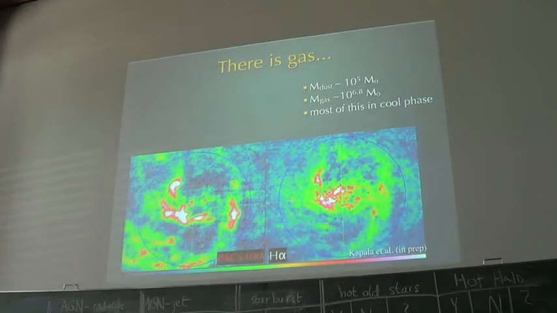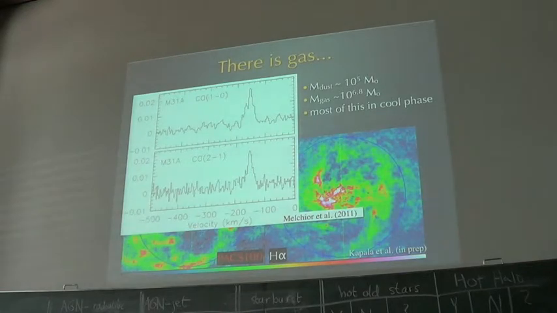Now this puts it at the lower limits of what Tim Davis is finding in ellipticals. In fact, I don't know if you could have even seen something here in terms of a mass to gas ratio in Tim's objects. There is CO in there, so there's been work where Melchior et al. basically put apertures on several of these high points regions and have observed CO, and this CO has significant line widths.